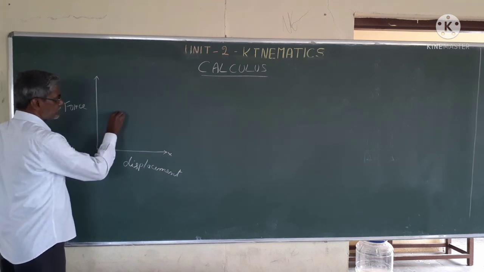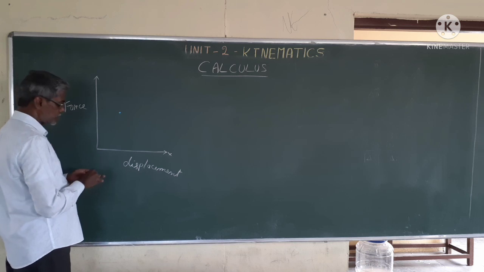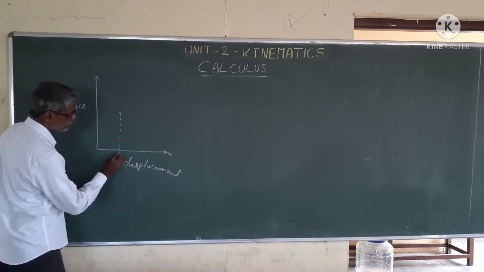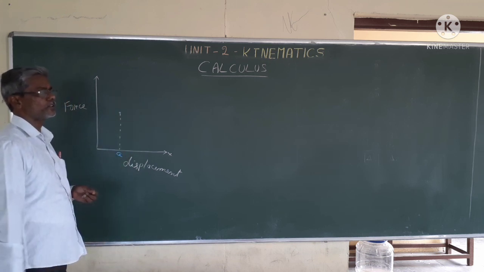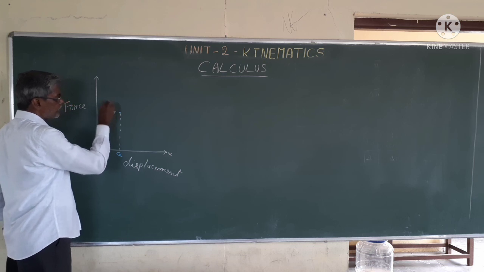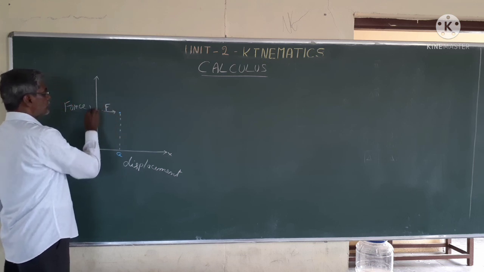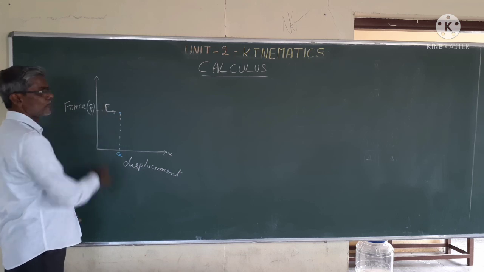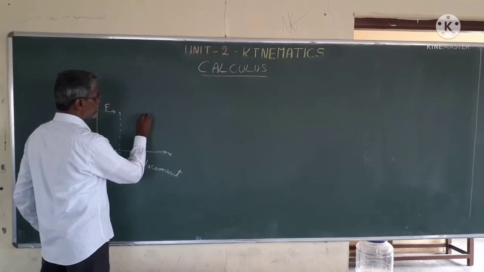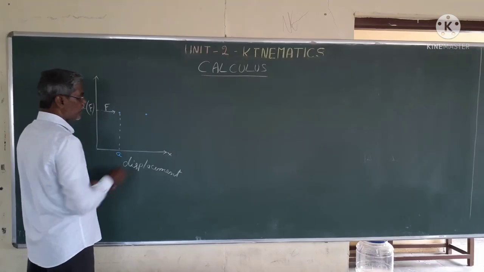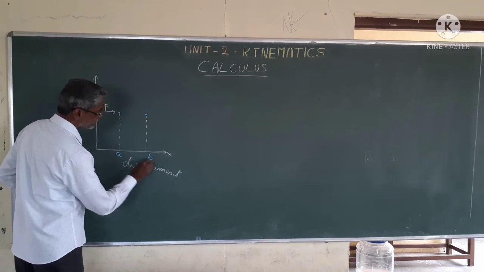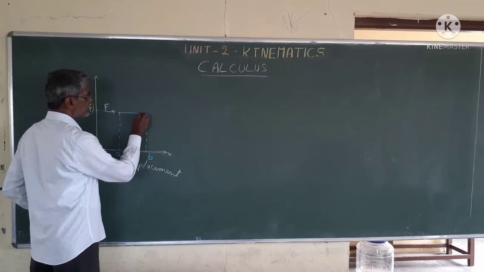An object is here. Let us consider the initial position of this object is at A. Now I am applying a force on this object, and this object has been displaced by a certain distance. Now the position of this object will be B.